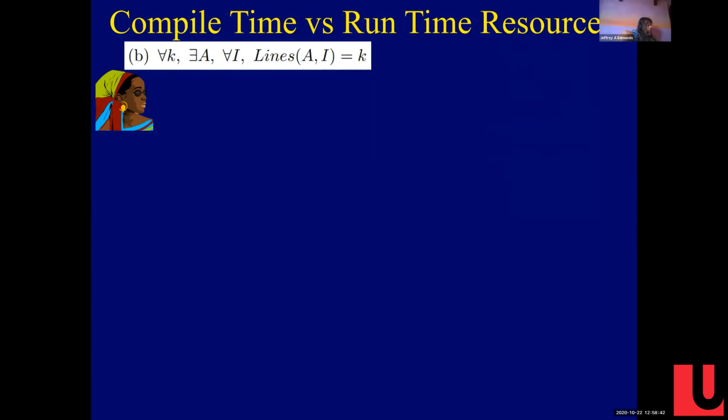Well, the first one, did you say that I come up with the input and then I come up with the k? I said there exists an algorithm for every input that gives you an arbitrary number of lines. Yeah, I don't like that, because then that tells me that the k is being chosen after the input.